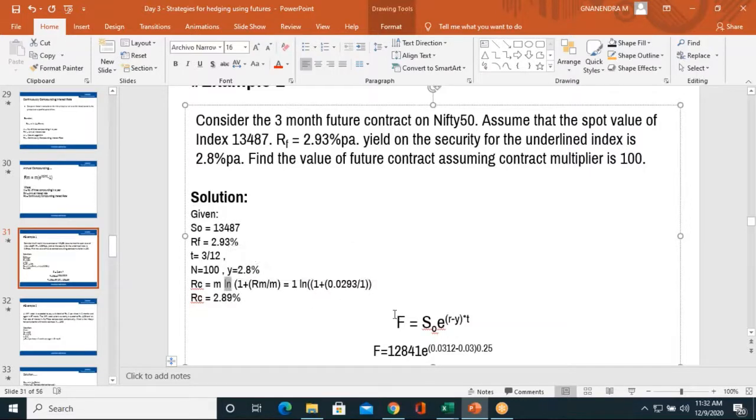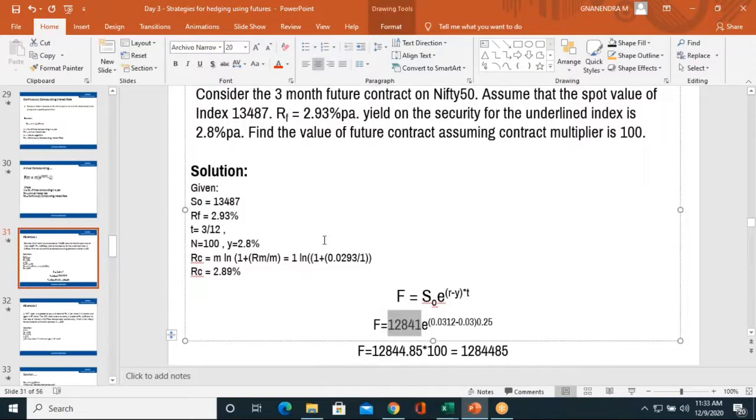So here I'm going to substitute the values: 13,487 to the power of 0.0289, that is 2.89 percentage, minus 0.028, which is the yield, to the power of t, which is 3 by 12, that comes to 0.25.